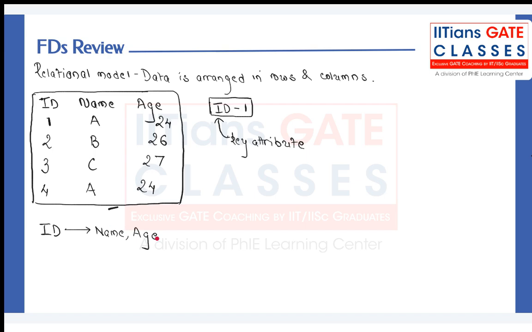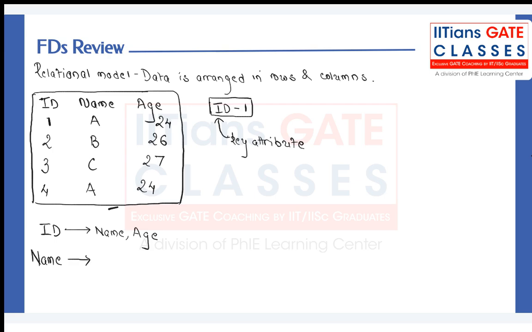Now, can you tell me, if I take a column, let's say name, for example, if the name of a person is capital A, just look at the table.